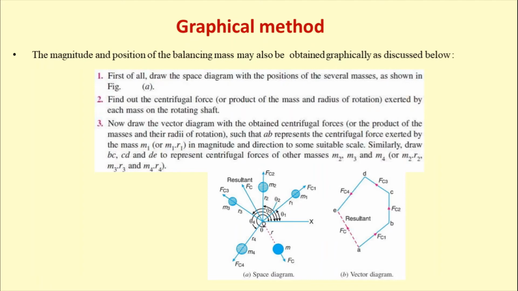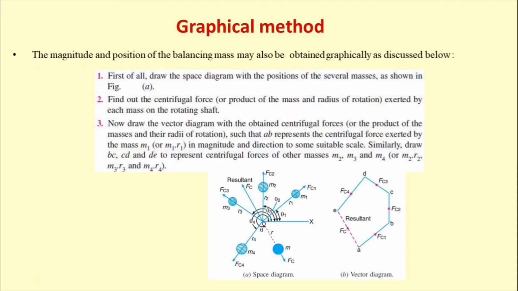Now, how to find what the length and the inclination should be? The point to note here is that whatever the direction or inclination of each individual mass, the line of action or the angle created should be the same in the vector diagram.